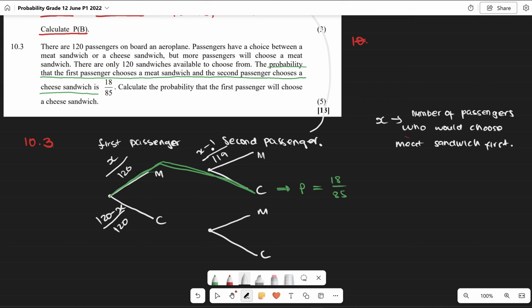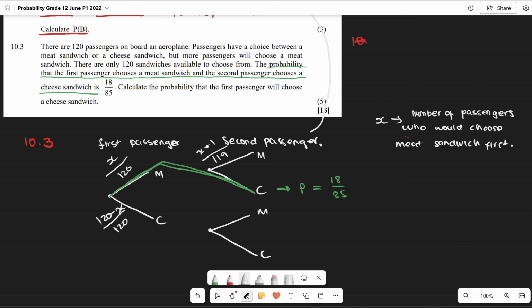The probability that the second passenger would choose a meat sandwich changes because the total number of people has reduced, and the number of people who would choose meat has also reduced by 1. It's now x minus 1.